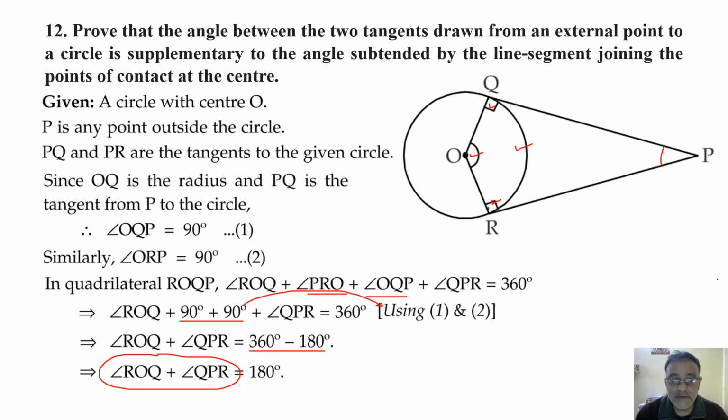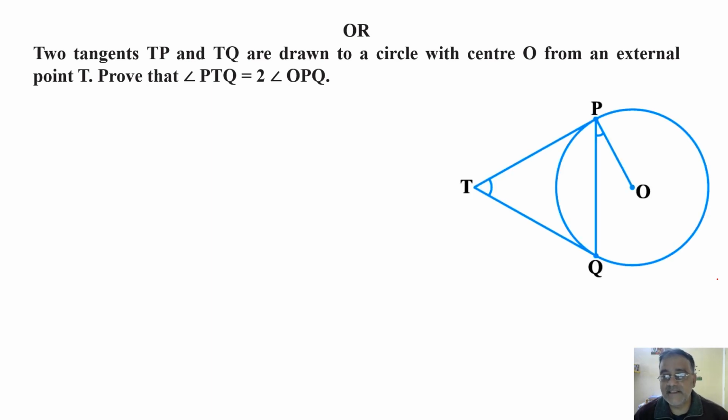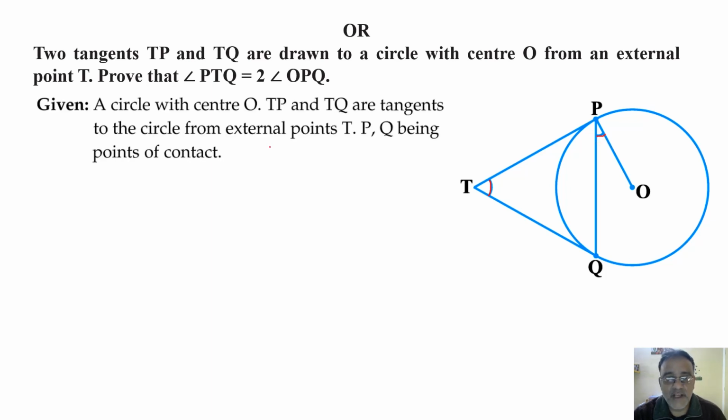Now with respect to this question, one internal choice question is there, this one. Two tangents TP and TQ are drawn to a circle with center O from an external point T. Prove that this angle PTQ is 2 times of this angle. ठीक है, तो यहाँ पे circle दिया हुआ with center O and TP and TQ are tangents to the circle from the external point T. So P, Q जो है वो points of contact है, right?